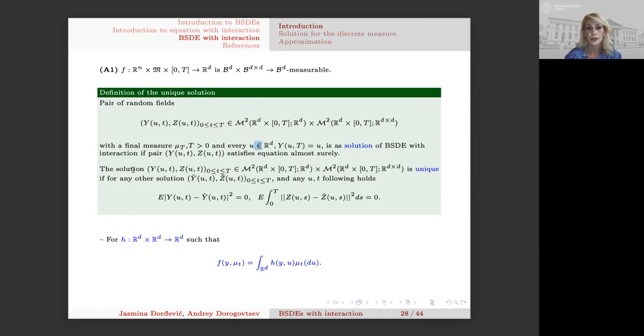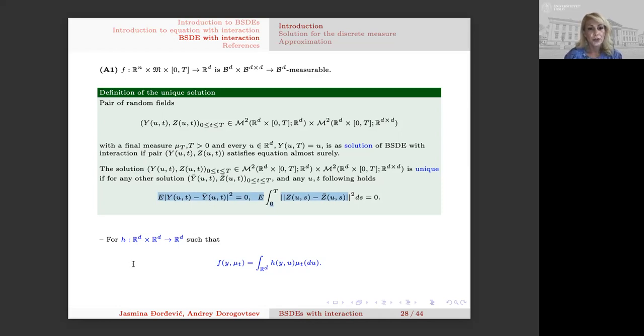The uniqueness is defined in the same way as for the ordinary BSDE. So if we have two solutions, and those two expectations are zero, then the solution is unique.